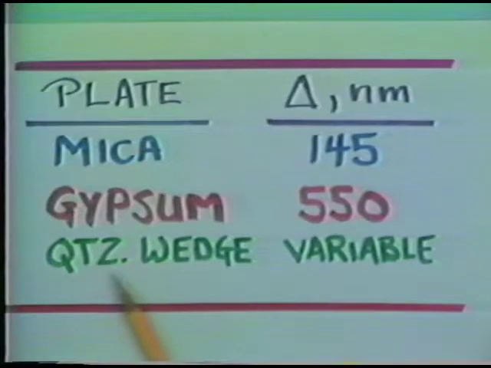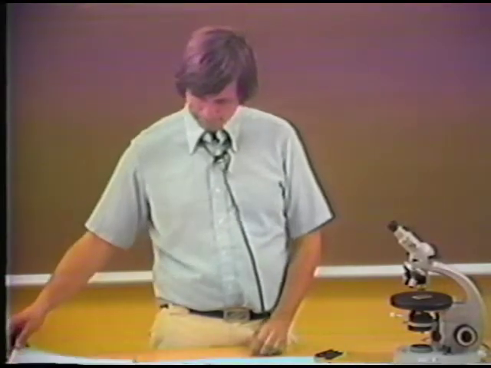Now the quartz wedge, the third kind of accessory plate that we have, has a variable value of retardation, and I'll be talking a bit more in detail about the quartz wedge and its use a little later on in this segment. But first I want to demonstrate the use of these two accessory plates.